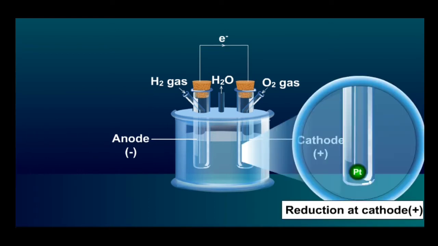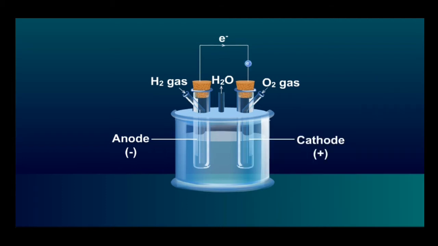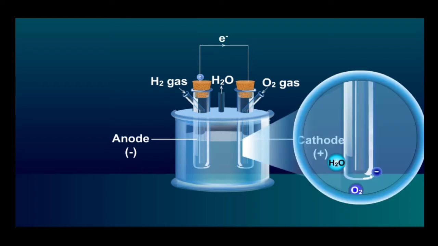Reduction at cathode, the positive electrode. The electrons released at the anode travel to the cathode through the external circuit. Here, oxygen gas is reduced to OH⁻. O2(g) + 2H2O(l) + 4e⁻ → 4OH⁻(aq).